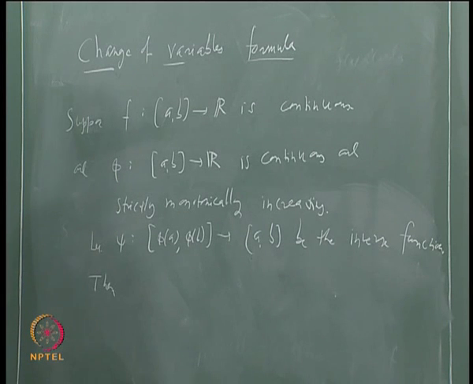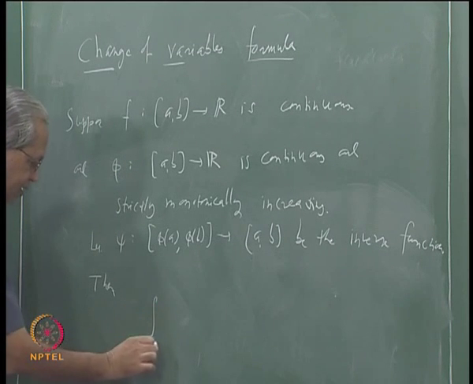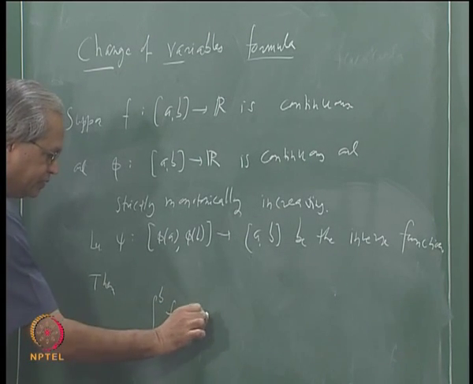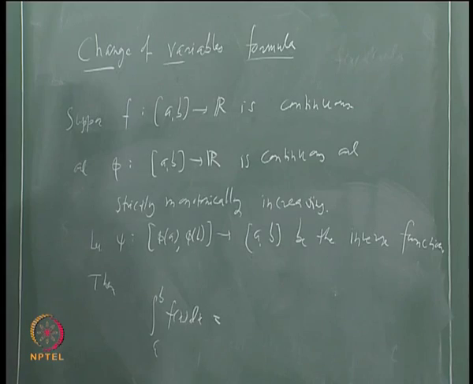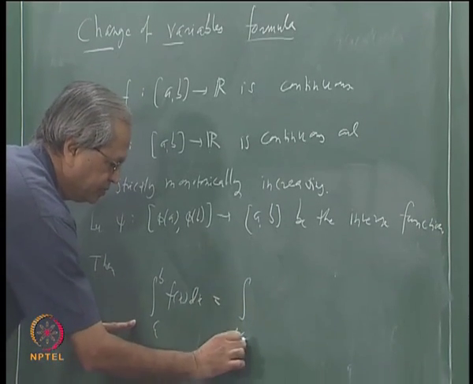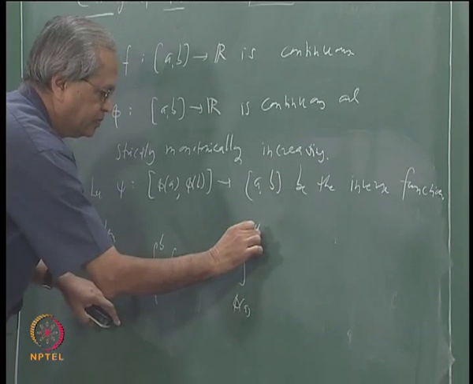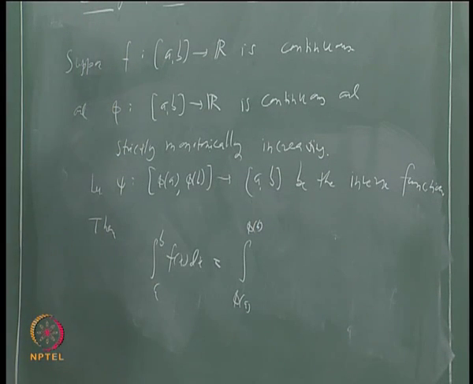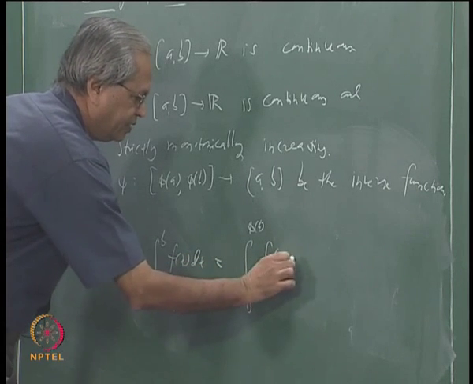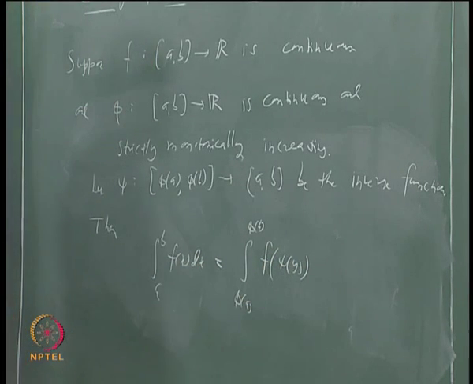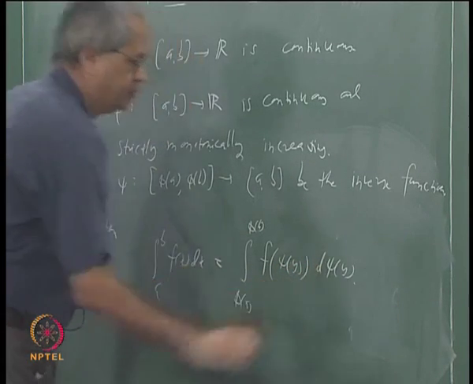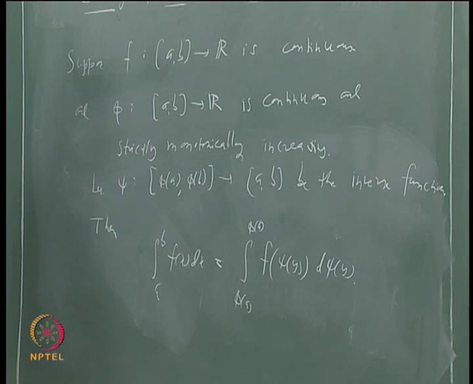So what I want to say is that in that case the integral from a to b of f(x) dx will be transferred to the integral from phi(a) to phi(b) of f at psi(y) d psi(y).